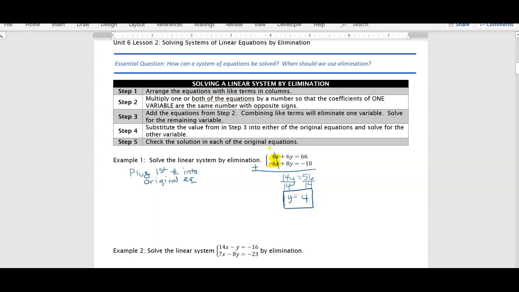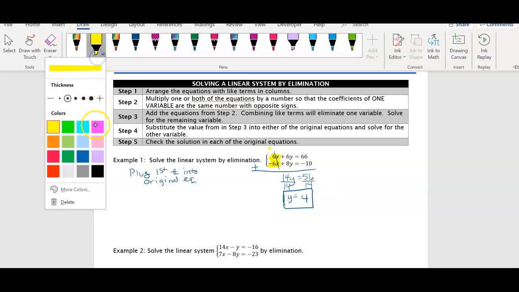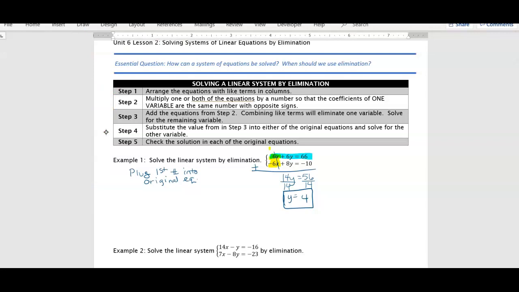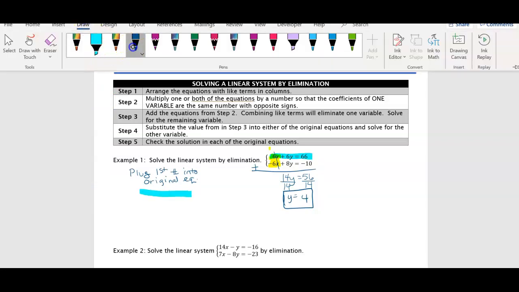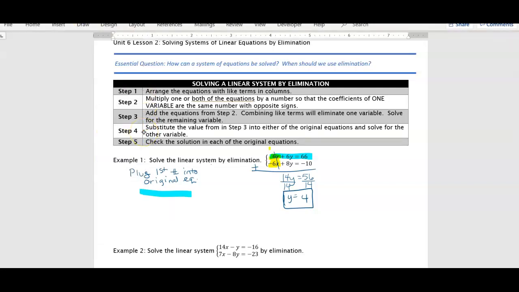So I'm going to choose the top equation. Let me just highlight that. So I'm going to pick this top equation here and I'm going to write it out, but instead of the y value, I'm going to plug in the value that I found, which is right here.